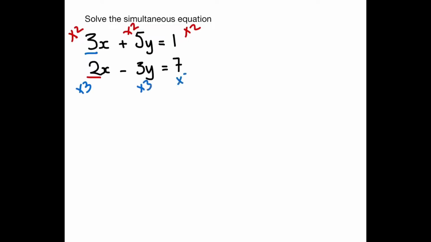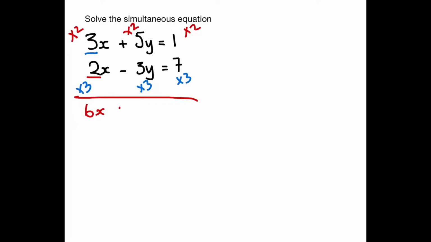What we're doing here is making the coefficients of x the same so that we can eliminate. If we eliminate one of them, x or y, then it allows us to figure out the other unknown.